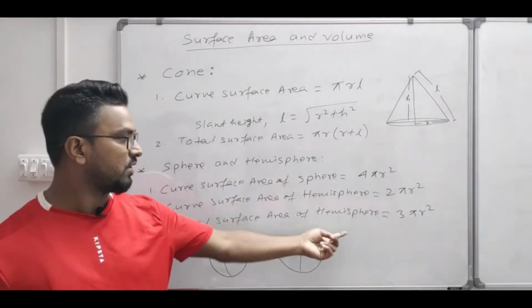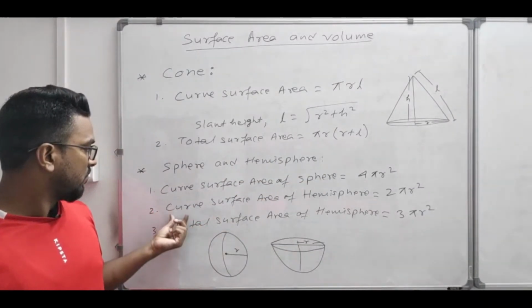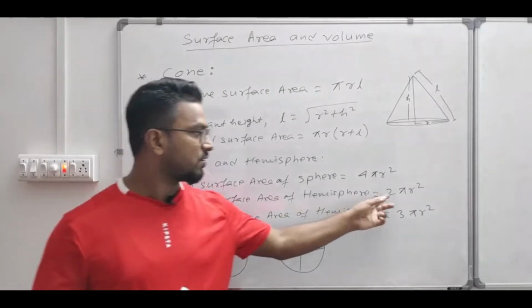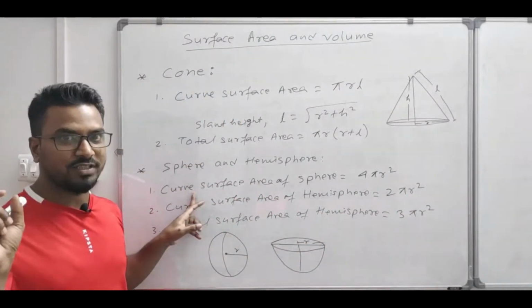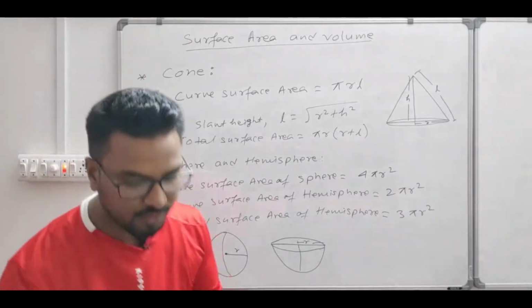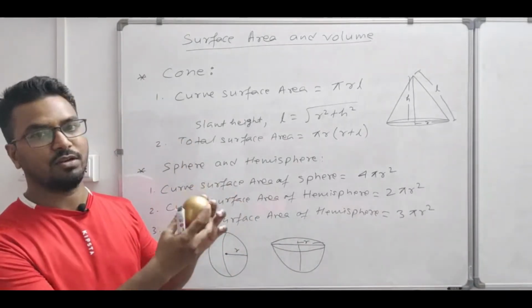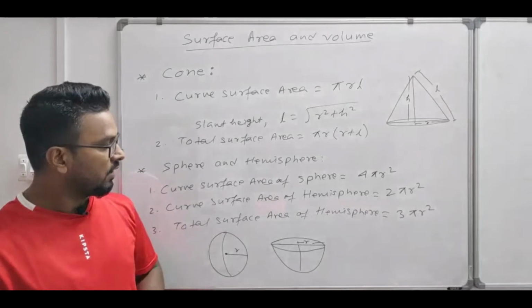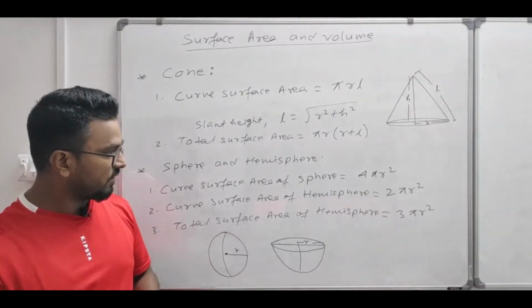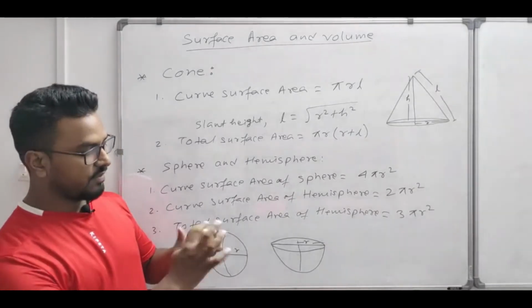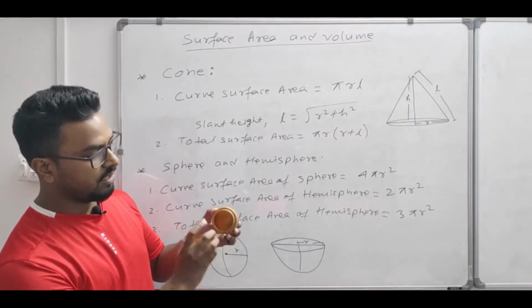For surface area of sphere and hemisphere, we have to use these formulas. Curved surface area of hemisphere is 2 pi r square, and in case of sphere there is no total surface area, because for sphere there is only one surface. But in case of hemisphere, you can find the total surface area, that is curved surface area plus area of base.